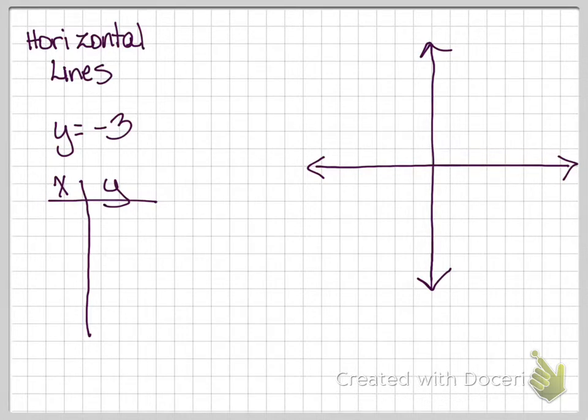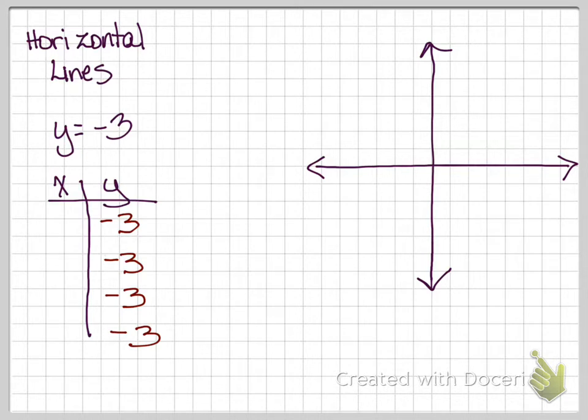A horizontal line is when every single value in your y is the same. So I have y equals negative 3. This is a horizontal line. What this means is that every single one of my y values is negative 3. And how many points do I have on a line? 2.